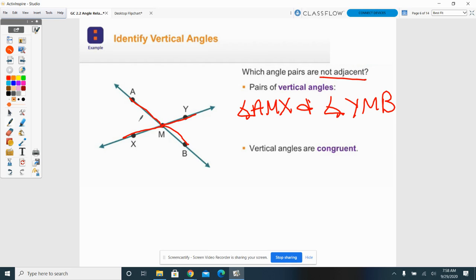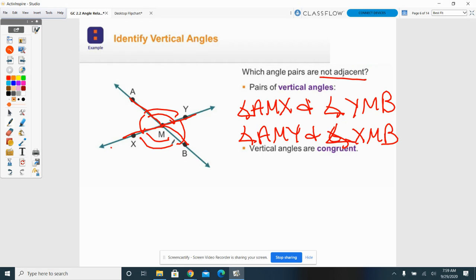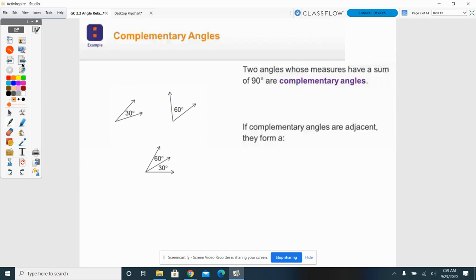And we know that they're congruent. I can show you they're congruent by putting a little arc. There's another pair, the top and bottom, angle AMY and angle XMB. I'll put 2 arcs there to show that those are congruent, because vertical angles are congruent.